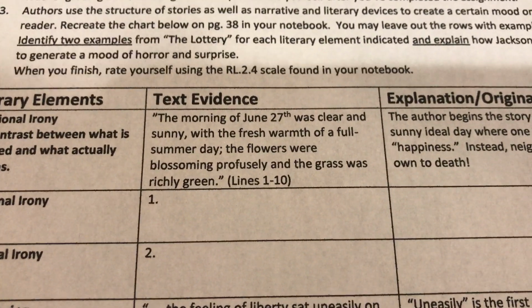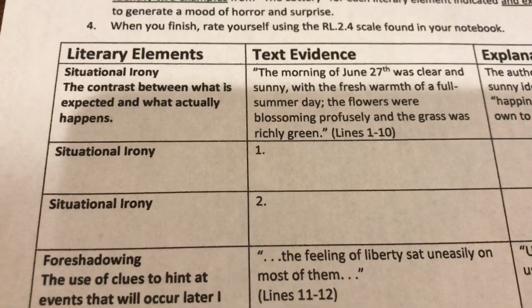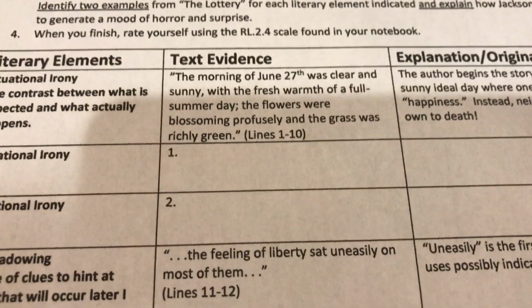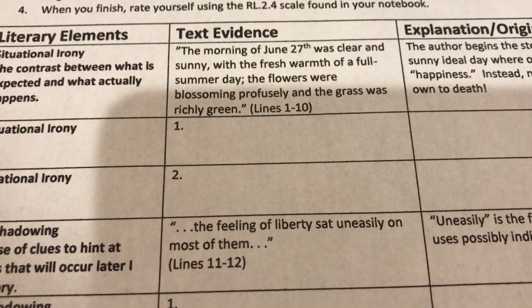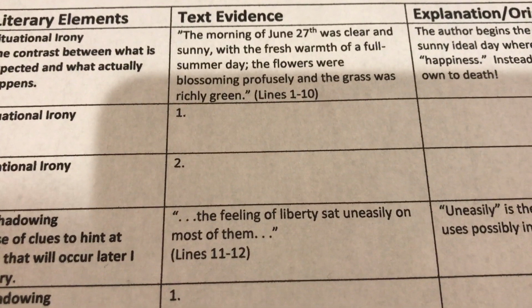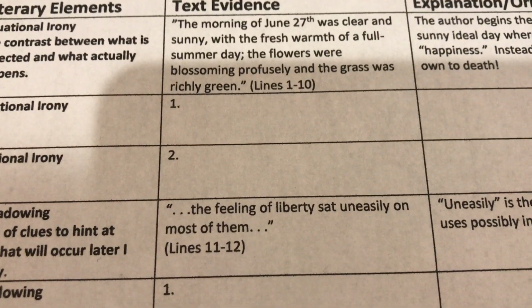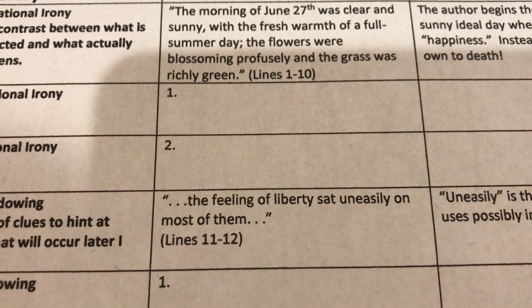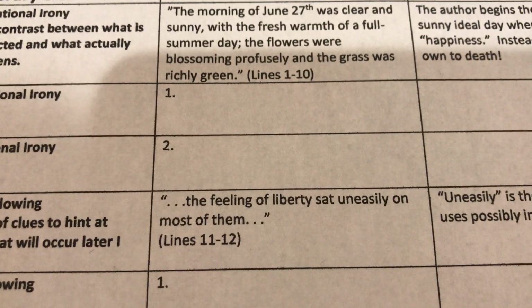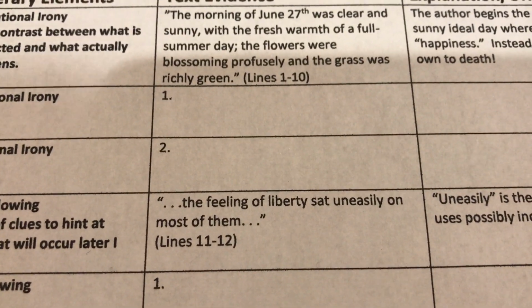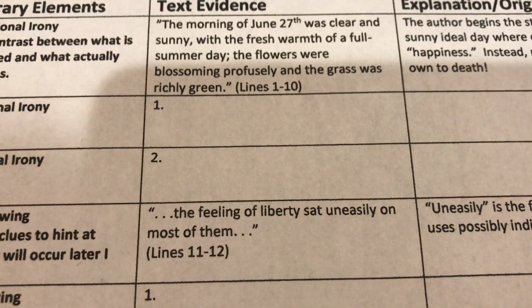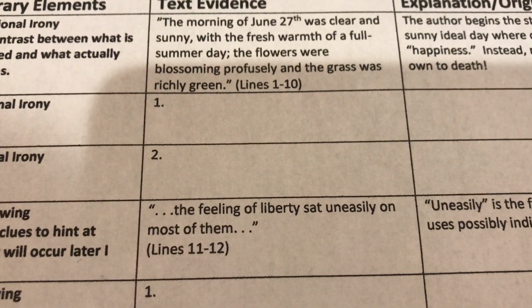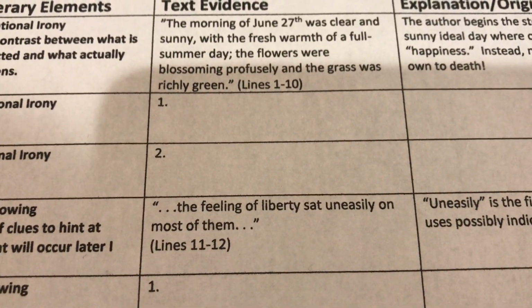So situational irony should be where the author is explaining something in a way where you would expect a certain thing to happen, and in fact, the exact opposite happens. Right? So in the case of The Lottery, we know it has a bad ending, so you should be looking for any lines in the text that indicate to you that this should be actually a good story with a happy ending.